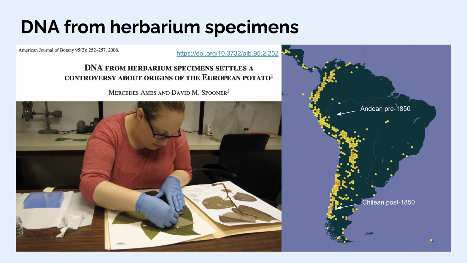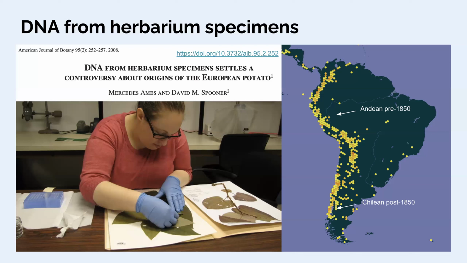Including this one, which was kind of interesting from not too long ago, an investigation of cultivated potatoes. So the potato that ended up in Europe and then back around to North America was originally a plant that was native to South America. So potatoes are native to South America, and the question this paper addressed was which part of South America.